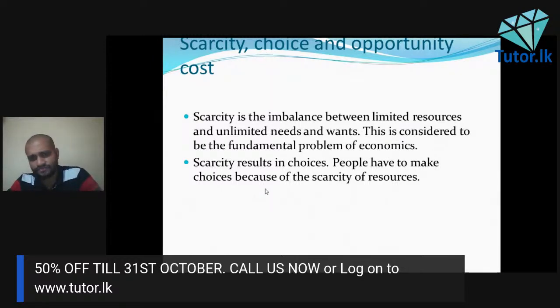The ranking process will vary, and then the choice will vary, right? So always keep scarcity in mind. Scarcity is the imbalance between limited resources and unlimited needs and wants. This is considered to be the fundamental problem of economics. We have already discussed it. Scarcity results in choices. People have to make choices because of the scarcity of resources.